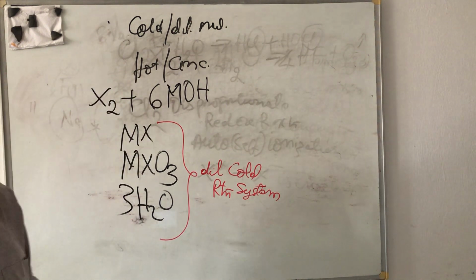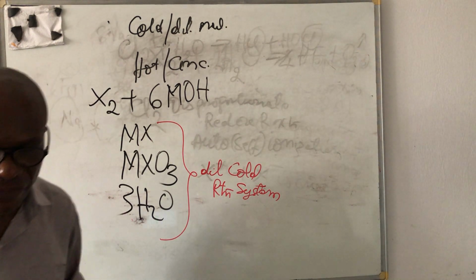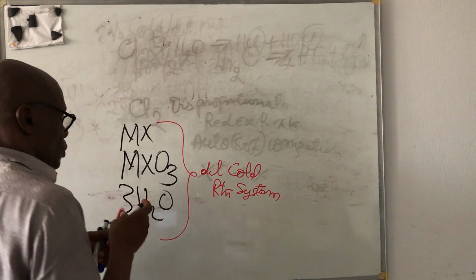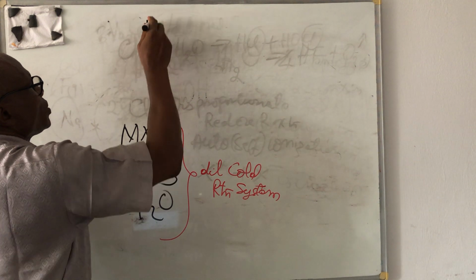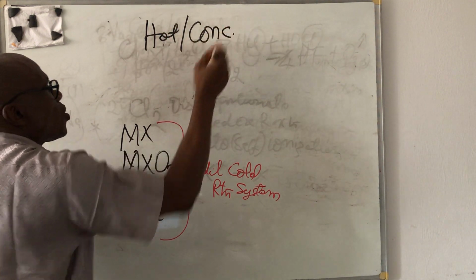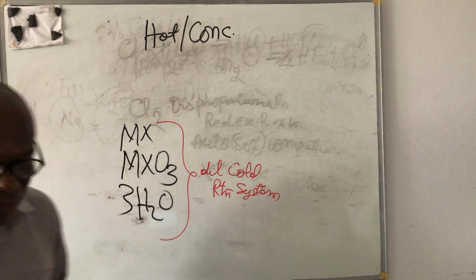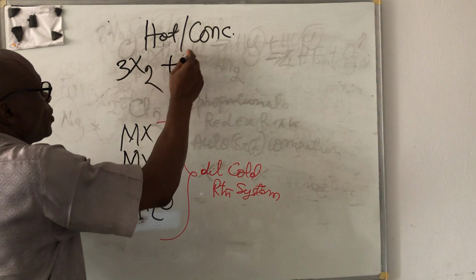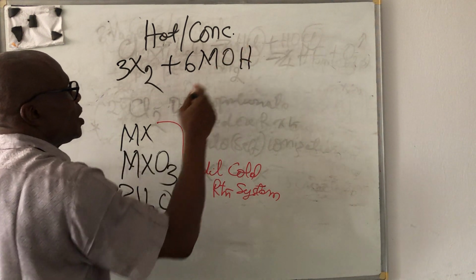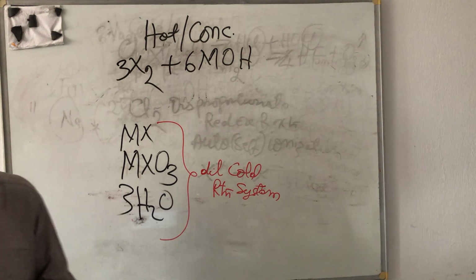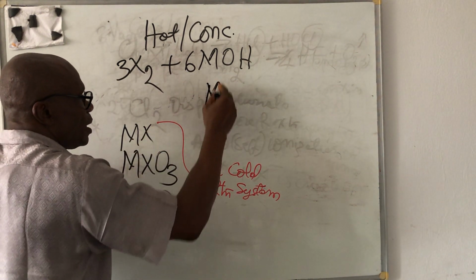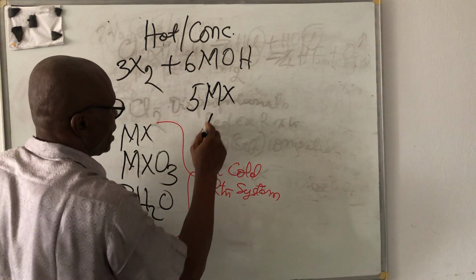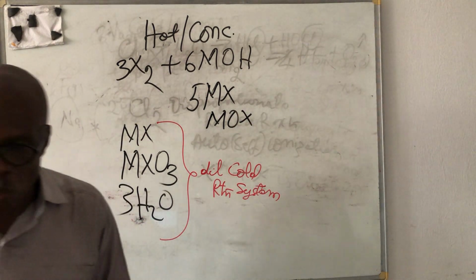But if the reaction environment changes to hot and concentrated, the very same reaction will take the form of 3X2 reacting with 6MOH, where M here is an alkali metal, and the products of that reaction will be 5MX, MXO3, and water.